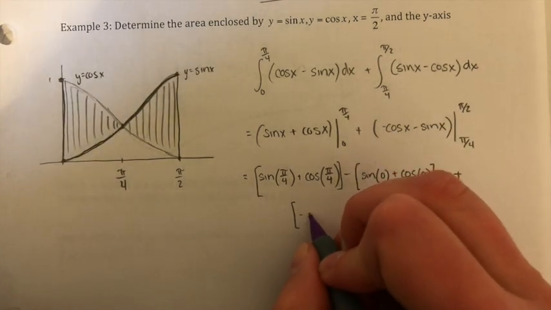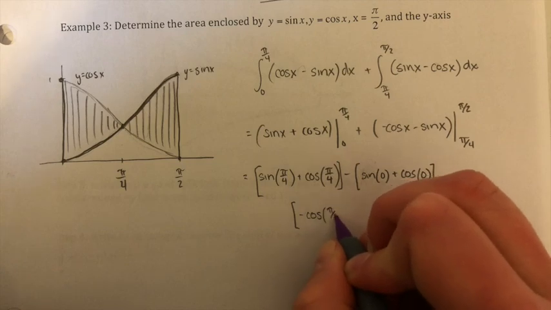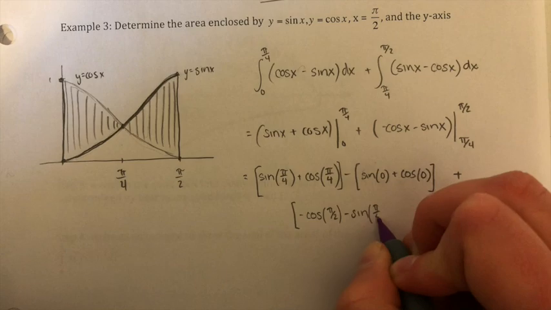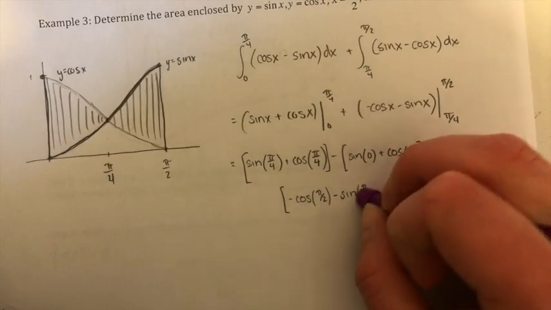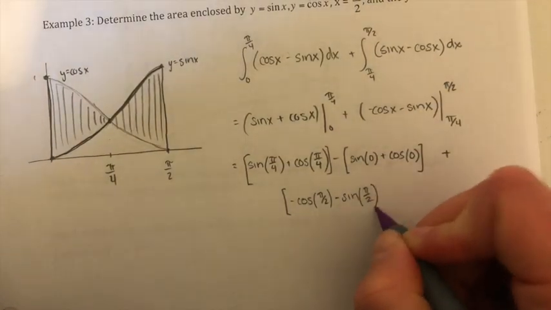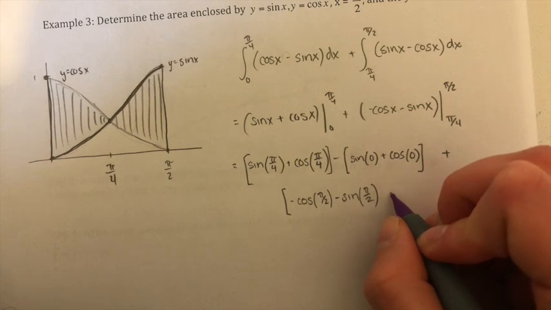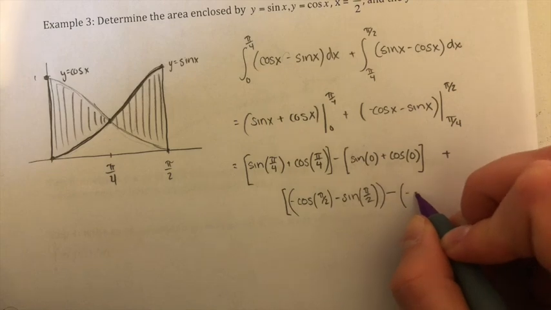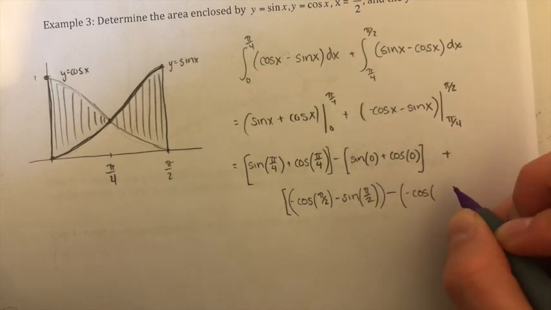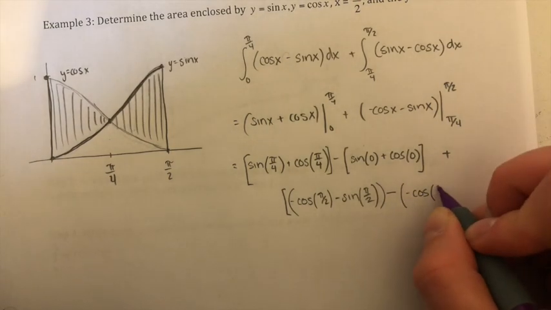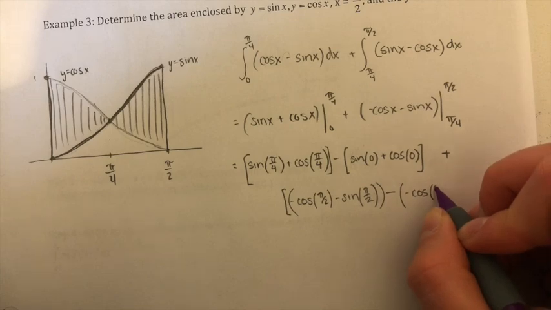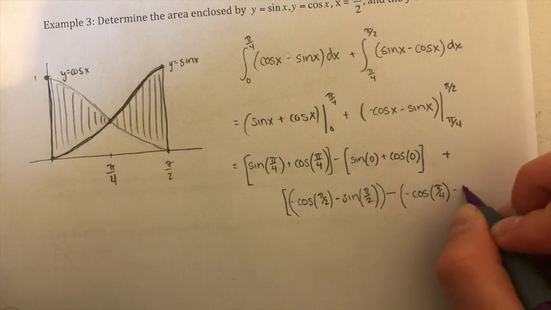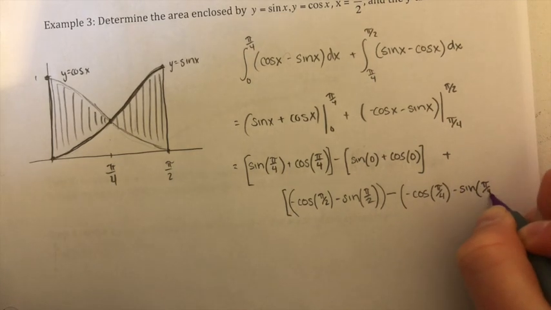So now we're doing negative cos pi over 2 minus sine of pi over 2 still, we're doing the top one. And then minus negative cos of pi over 4 minus sine of pi over 4.